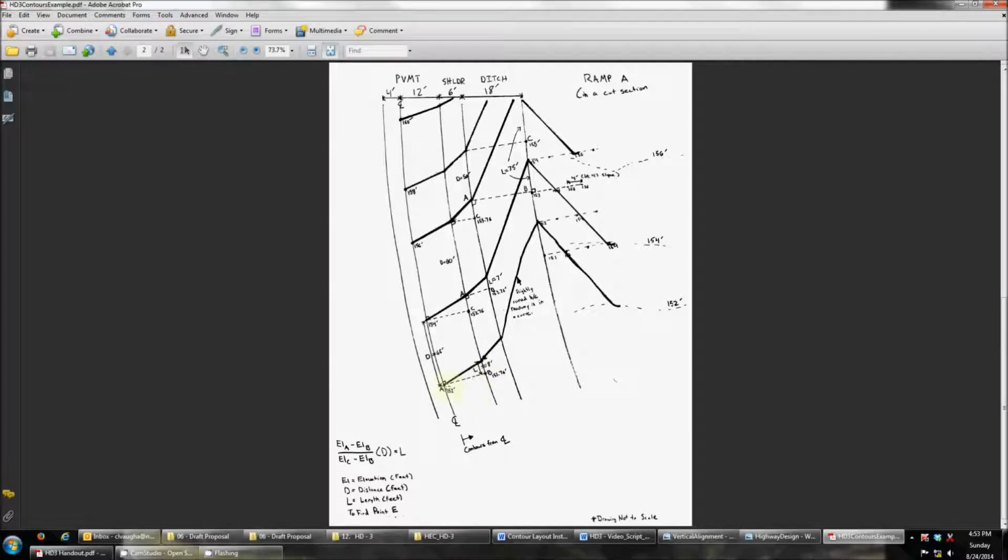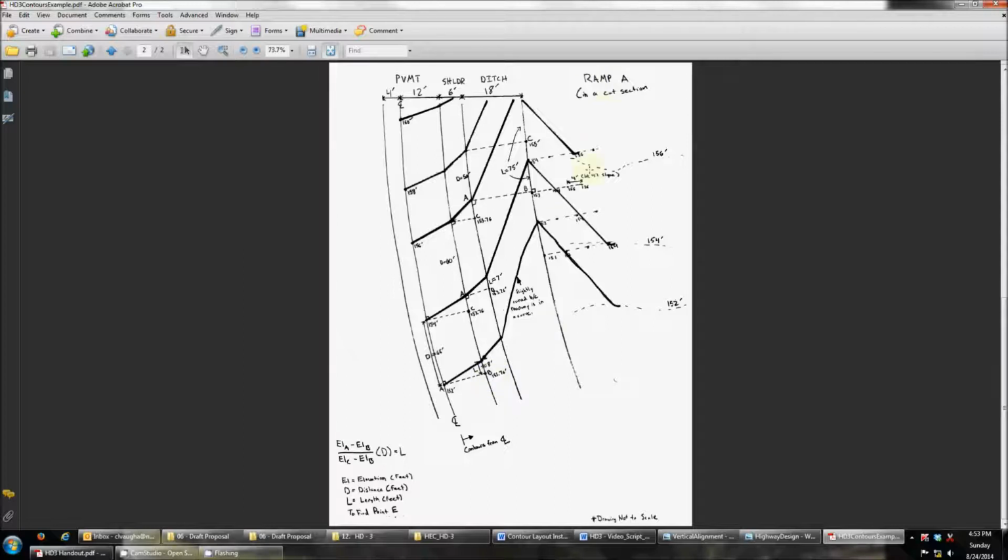So if you did 152 minus 12 feet times 0.02, that's going to give you 152 minus 0.24, which is 151.76. This dotted line here is perpendicular to the center line, so that's giving you the edge of pavement elevation across from that center line elevation. So it's 152 here, and it's 151.76 here.